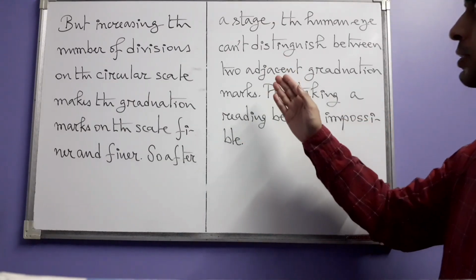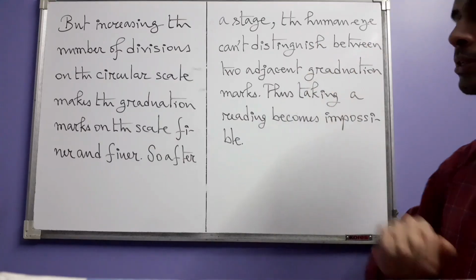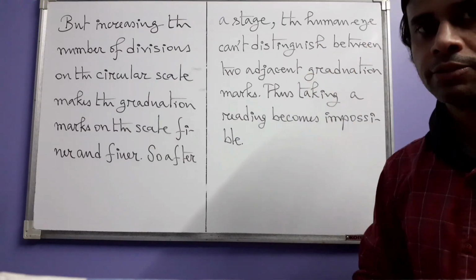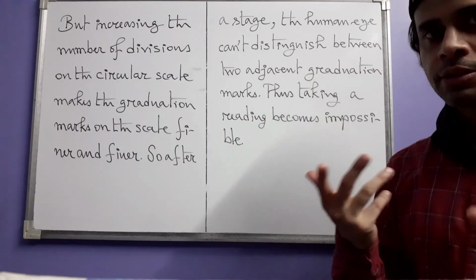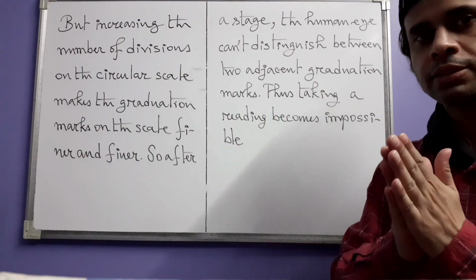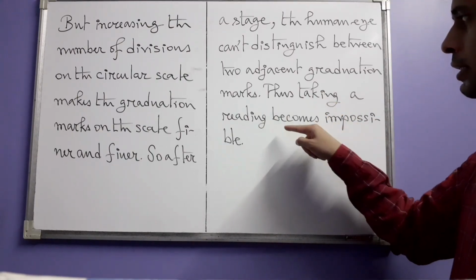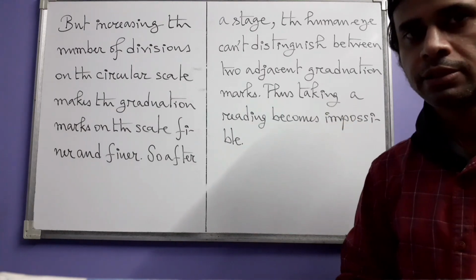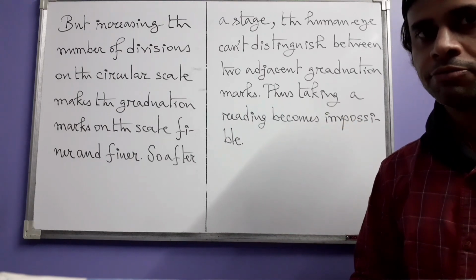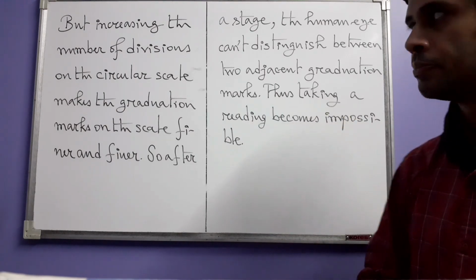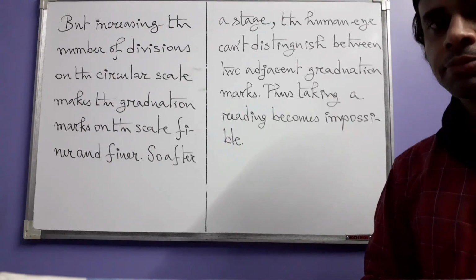So after some stage, the human eye cannot distinguish between two adjacent graduation marks. But if you cannot tell two such marks apart, how will you take a measurement? So taking a reading becomes impossible after some stage. So obviously the device loses its purpose.